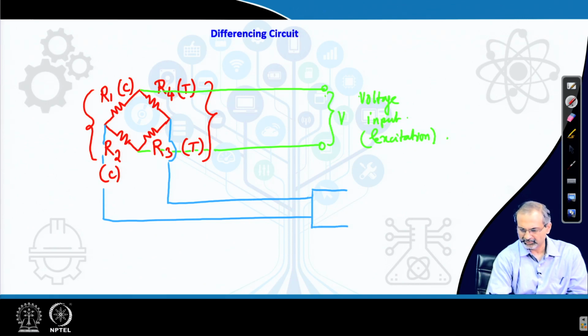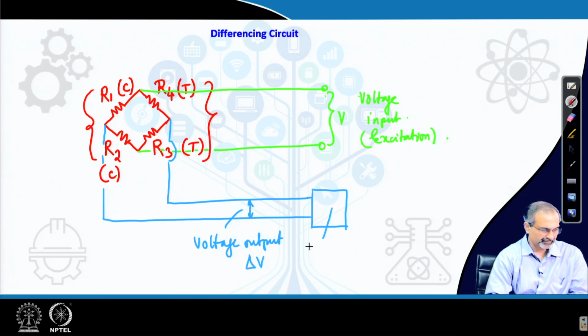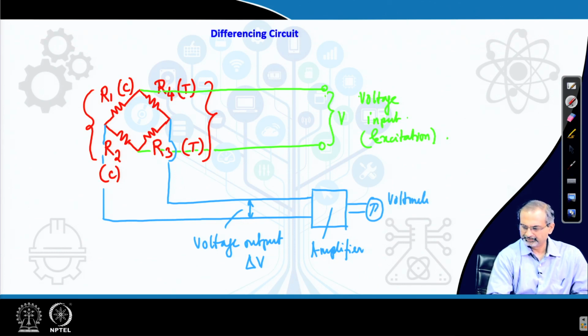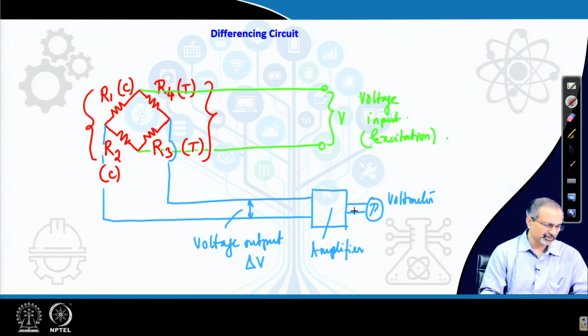So, this is where you will get the voltage output. You will have the amplifier here, from where we are showing a meter. So, this is essentially the configuration for differencing circuit.